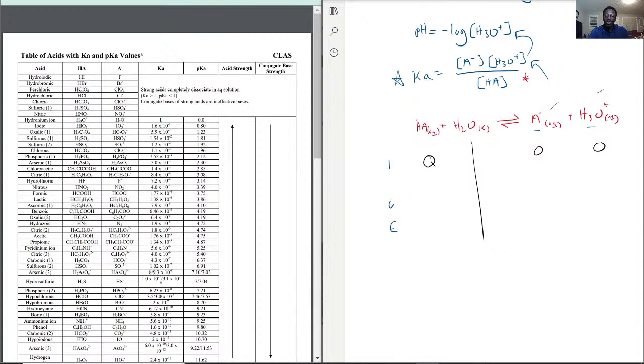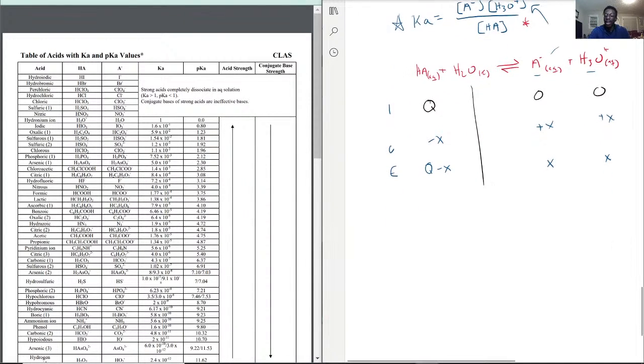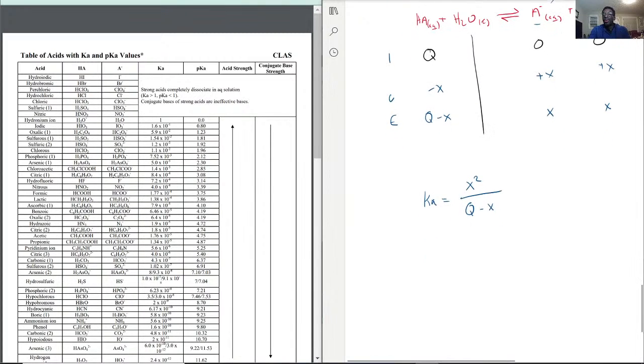Although it's not fully dissociating, where if you had 0.5 of a strong acid you'd have 0.5 of hydronium, it still transfers 1-to-1. So it'll be minus X, plus X, plus X. Now we have Q minus X at equilibrium, and these will just be X. If we use our Ka formula again, Ka is equal to X squared, because that's what we have on top, 2 X's, divided by Q minus X. Now here's the part I love explaining.